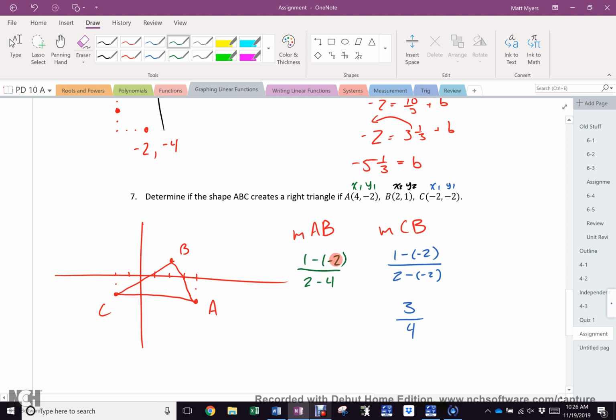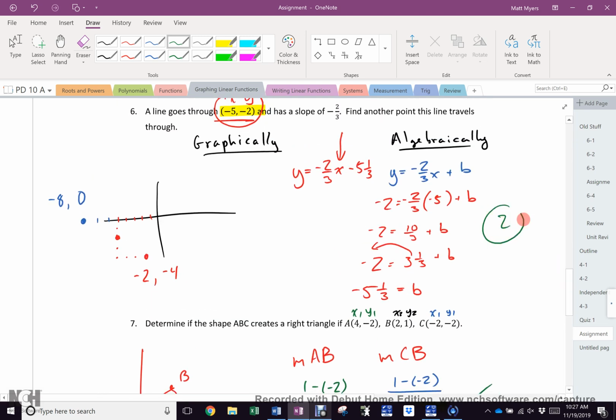What is 1 minus minus 2? 3. What is 2 minus 4? Are those opposite reciprocals? So is it a right triangle? No, because there's no 90 degree. Right? Done. That's out of 3.